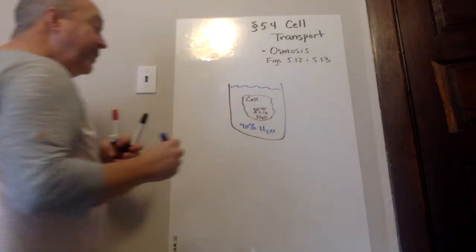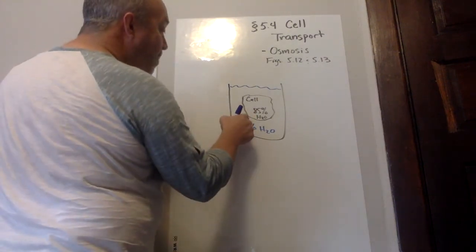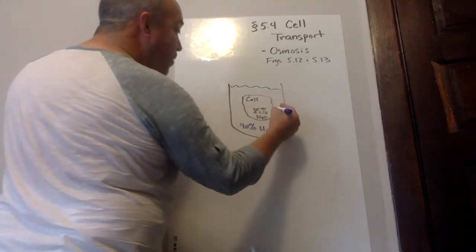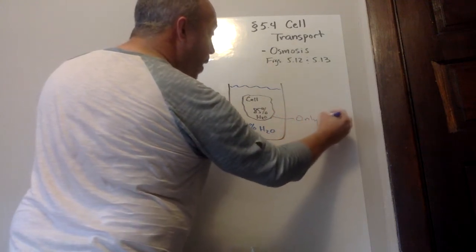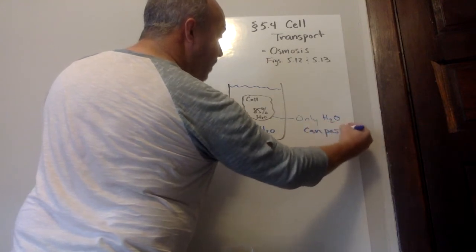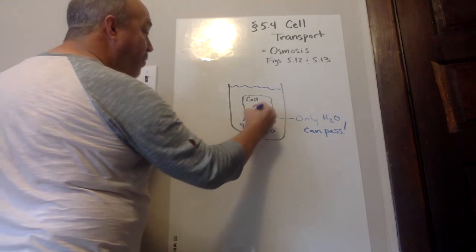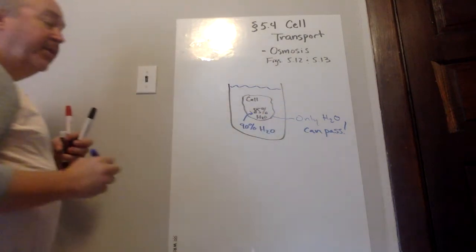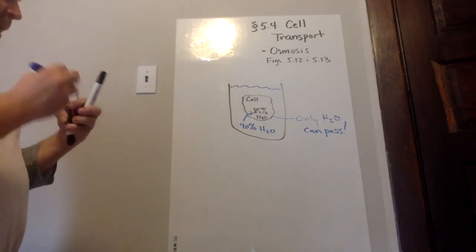So even though the rest of these solutions are made up of salts, only the water can pass this membrane. So with osmosis, only water can pass. Therefore, water will actually move into the cell because 90% is greater than 85%.